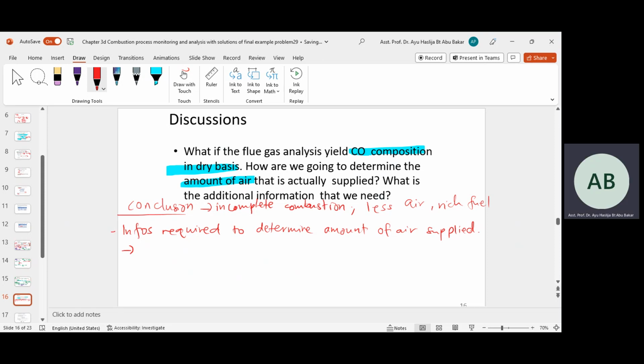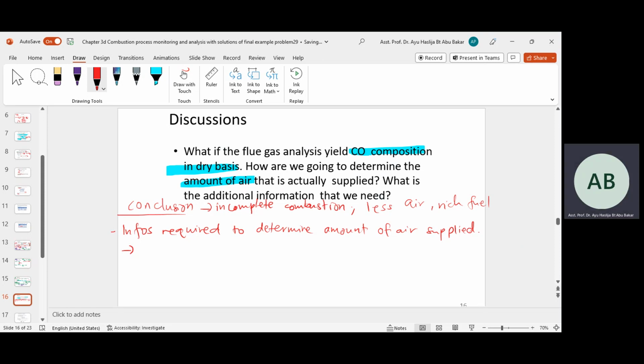When you check using the flue gas analyzer, you detect CO in your reading. So how do you want to determine the amount of air that is supplied to your combustion process?